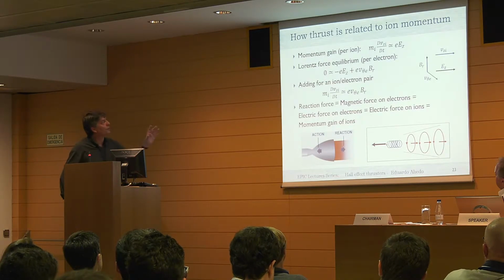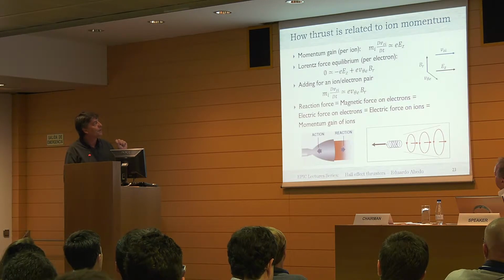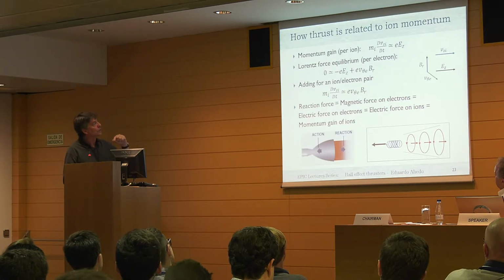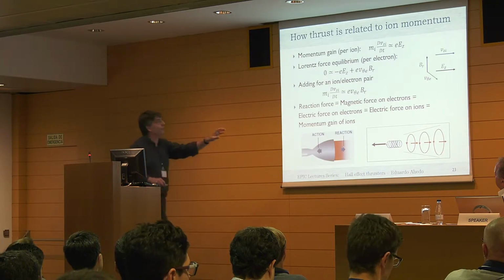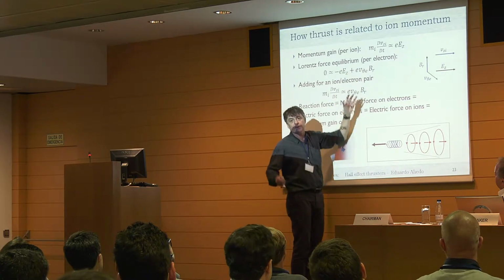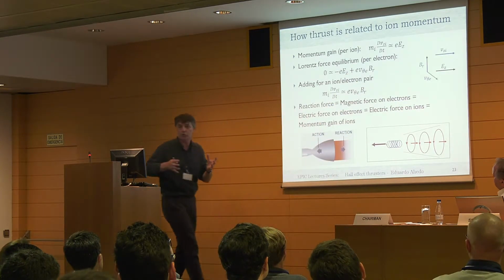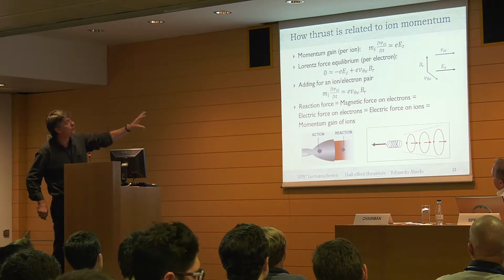But for electrons, we have the Lorentz force equilibrium between the electric and the magnetic force. So we have a magnetic force that is related to the axial velocity of the electrons. So the electric field makes this more or less equal to this. This is how electrons behave so that the Lorentz force equilibrium happens.